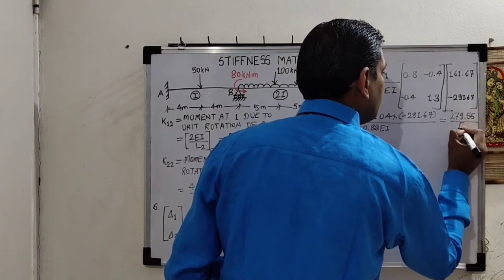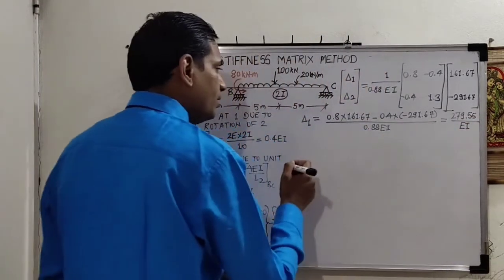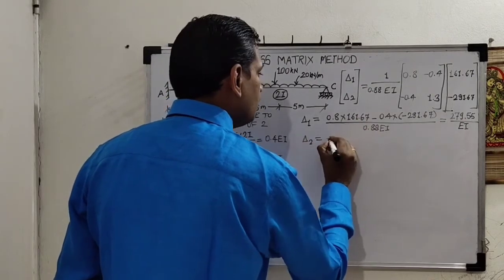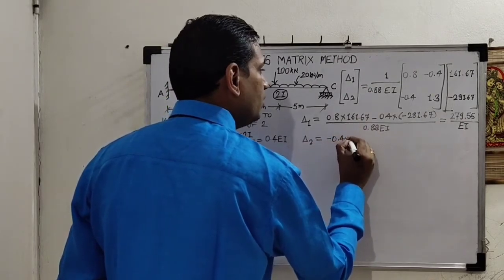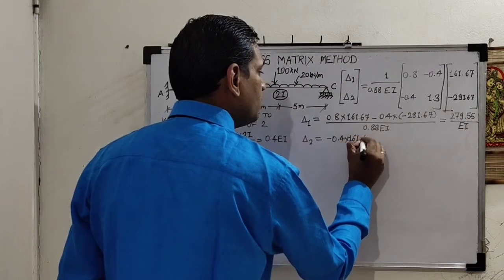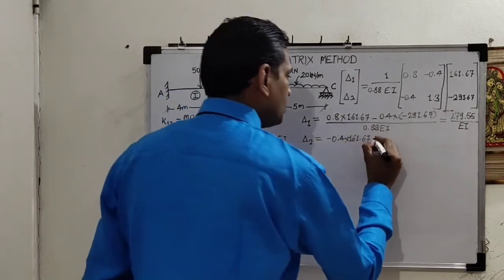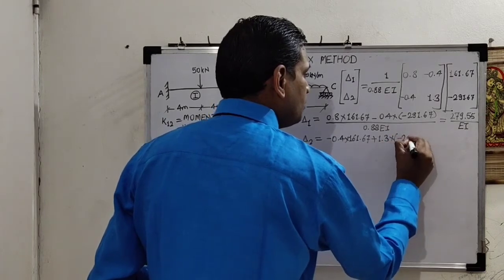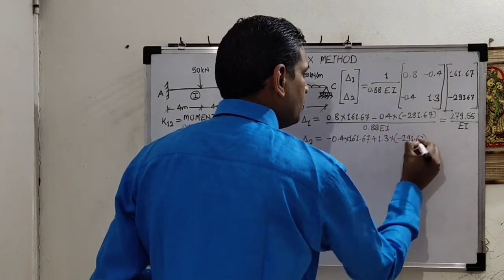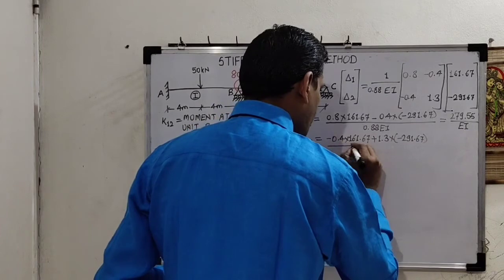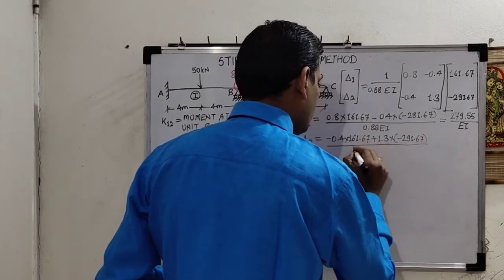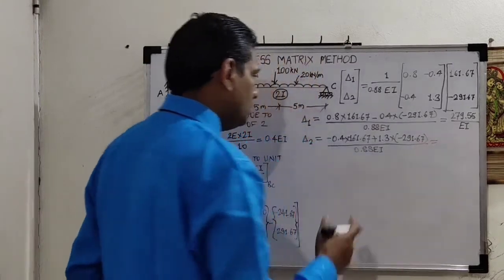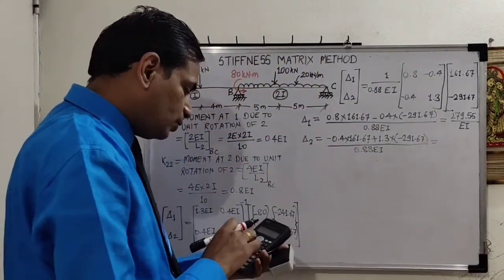Okay. And delta 2 is minus 0.4 into 161.67 plus 1.3 into minus 291.67 totally divided by 0.88 EI. Let us calculate this value also.